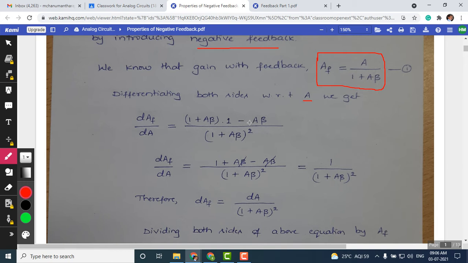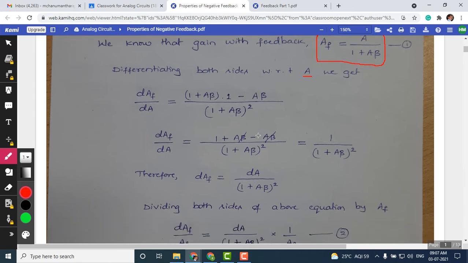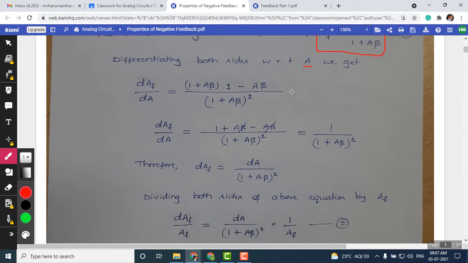This is as per the differentiation formula, we use the minus sign here, and differentiation of this entire factor, 1 is nothing but 0, and we are left with A beta. So dAF by dA is nothing but (1 plus A beta minus A beta) by (1 plus A beta) whole square.